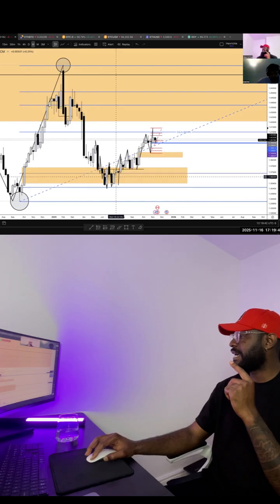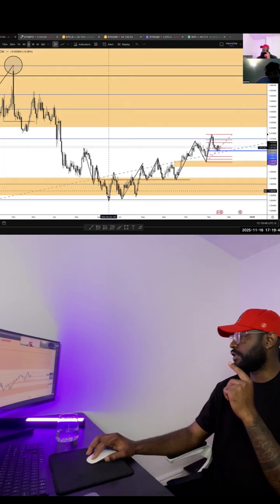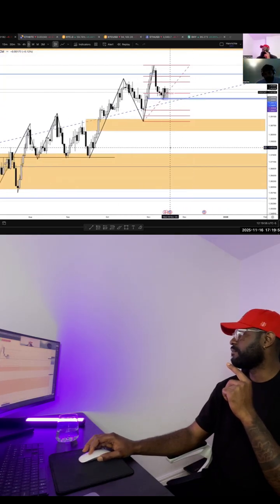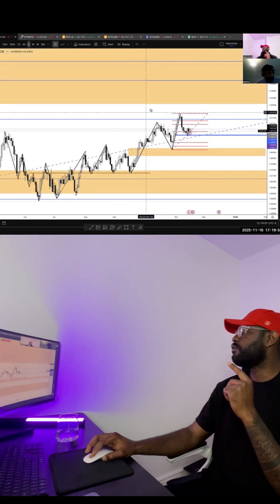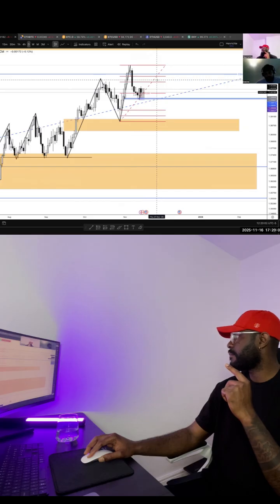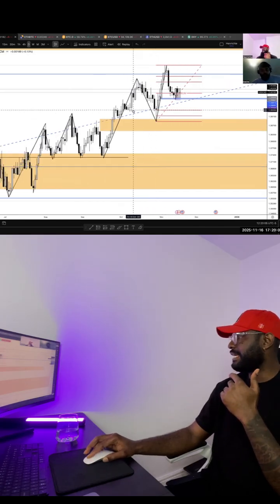Coming down inside here, you can basically see that price on the daily is still trending to the upside, creating higher highs, higher lows, higher highs, higher lows. So your focus for the time being is still going to be to look for areas of interest to buy. Look for a fair value gap to buy it.